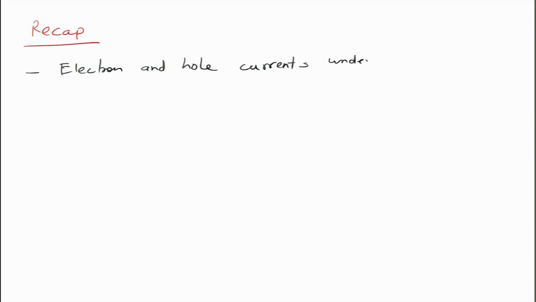What we did in the last lecture was we looked at the electron and hole currents under illumination.